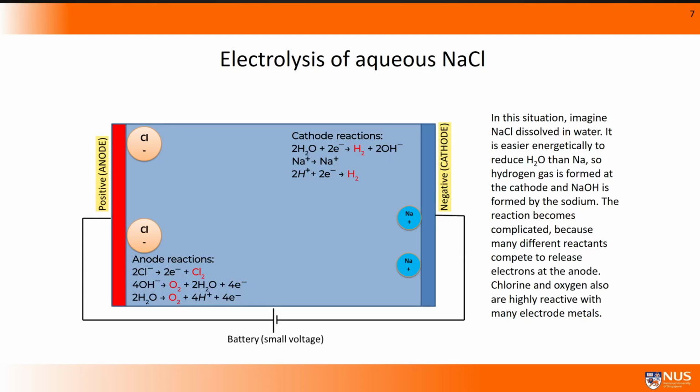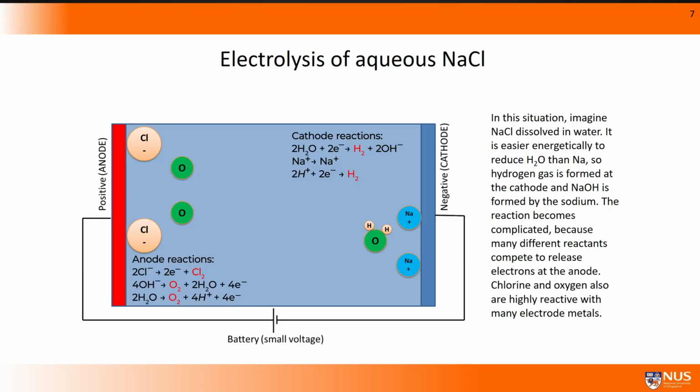And it turns out that it's easier for the electrons to combine with the water than it is for them to combine with sodium. So you don't end up making very much sodium metal in this case. You end up electrolyzing water and producing hydrogen gas at the cathode. And at the anode, you might produce chlorine gas, oxygen gas, or some combination of the two.